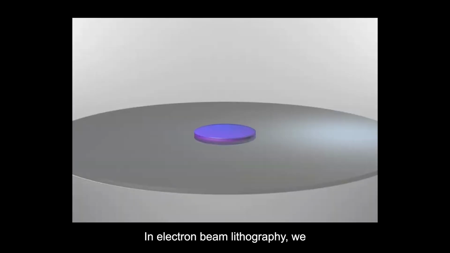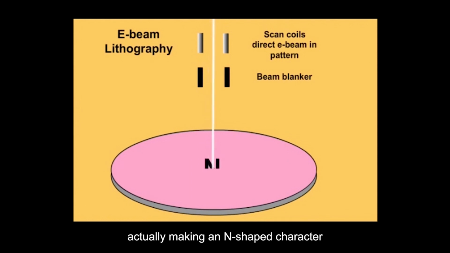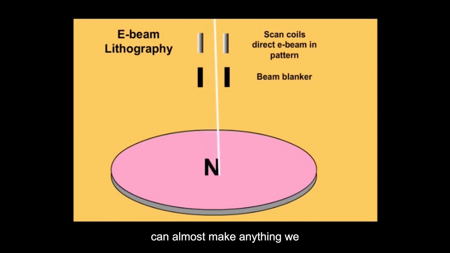In electron beam lithography, we have this sort of layer that we want our material to be made of. And we are firing electron beams on it. As you can see here, it's colored in yellow. And we can make literally any pattern that we intend. For example, here, we are making an N-shaped character on our layer. So in this way, we can almost make anything we intend to.